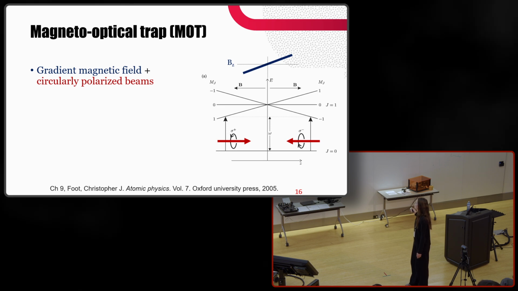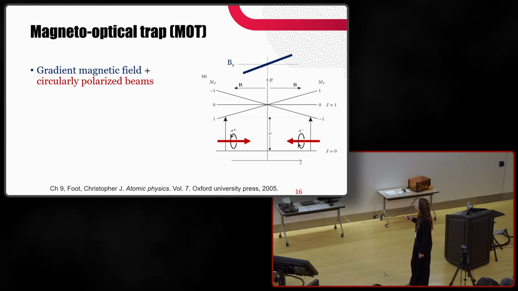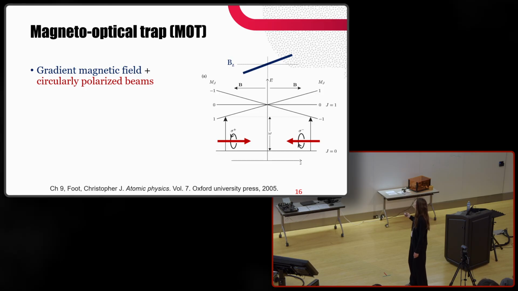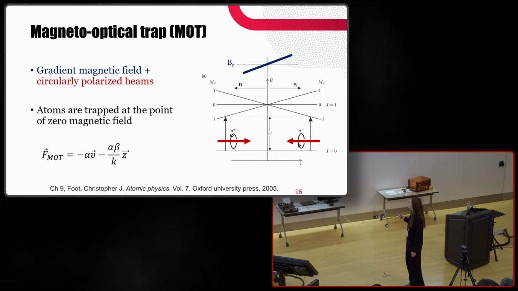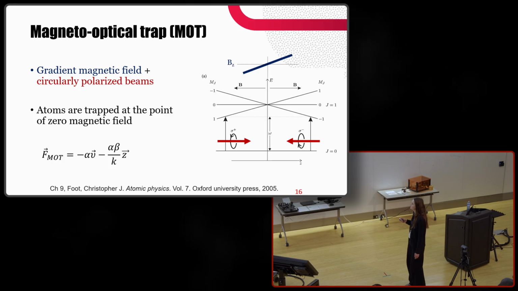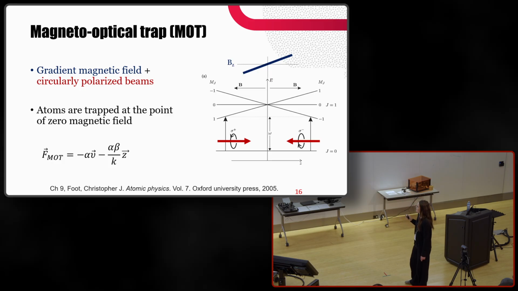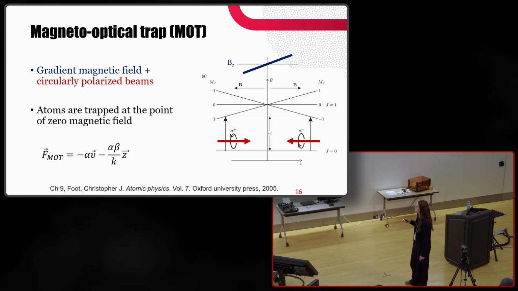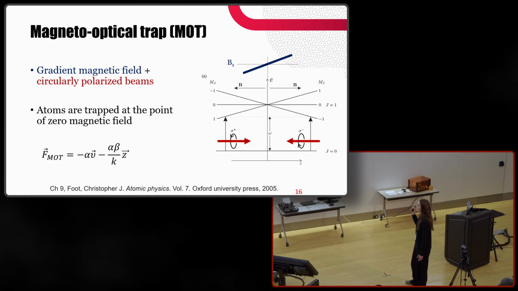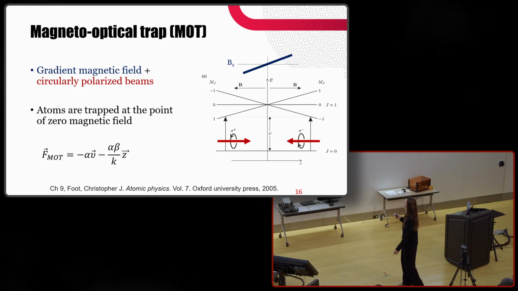Therefore, the atom more likely will scatter this photon than that one, and it results effectively in the trapping force which we discussed, and atoms want to be at the point of zero magnetic field.